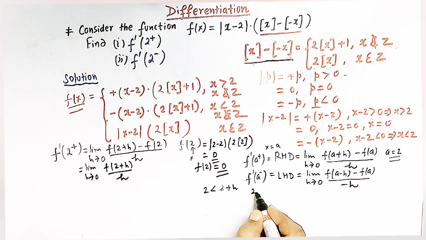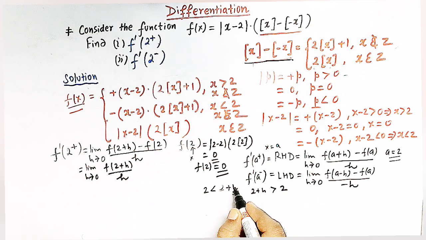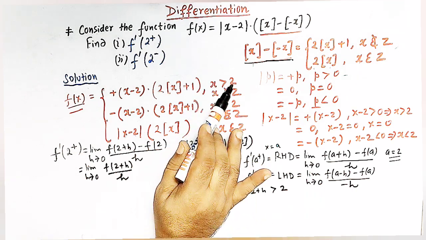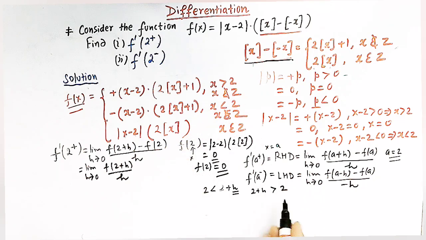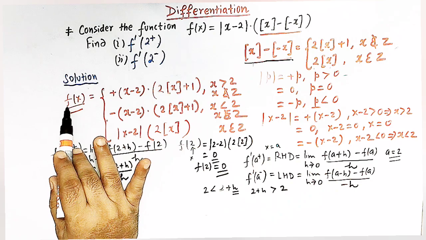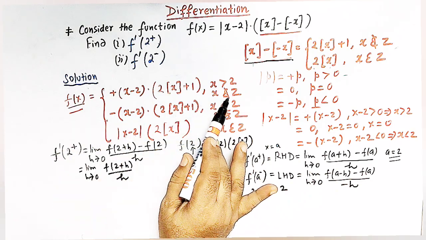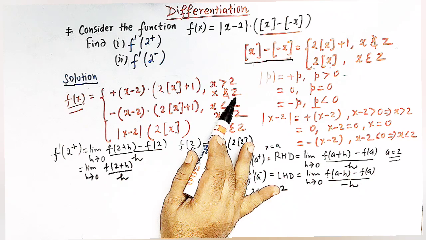Or we can write 2 plus h greater than 2, where h is a positive quantity and it is infinitesimally very small. So when x is greater than 2, here we'll apply this form of the function f of x, and moreover here x is not an integer, right?